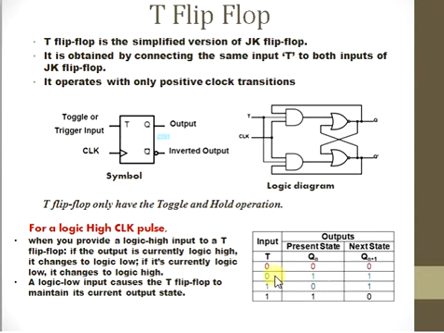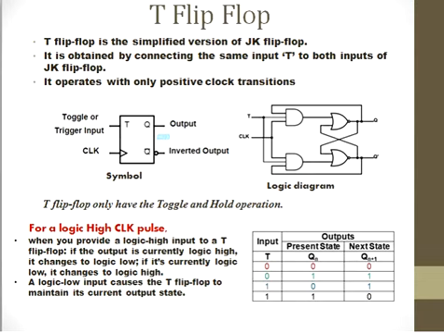But in this case, it is not like that. It depends on what is input to T. If input to T is 0, it will hold, so whatever the previous output was remains the same, and if T is equal to 1, that corresponds to the toggling condition. So the output will change. So this is not directly connected to what is given to the T input. It depends on the previous states also.